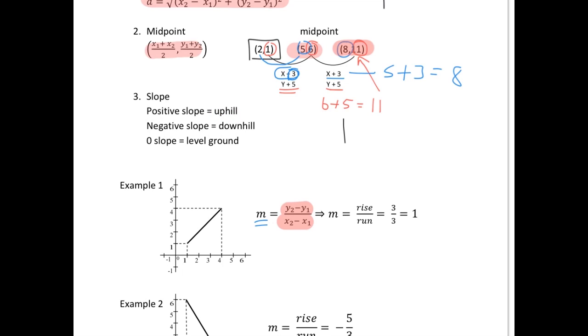So our line, if we have positive slope, looks like this. If we have a negative slope, we're traveling downhill, so we would have a line that looks like this. And if we have a slope of 0, we're traveling on horizontal or level ground.